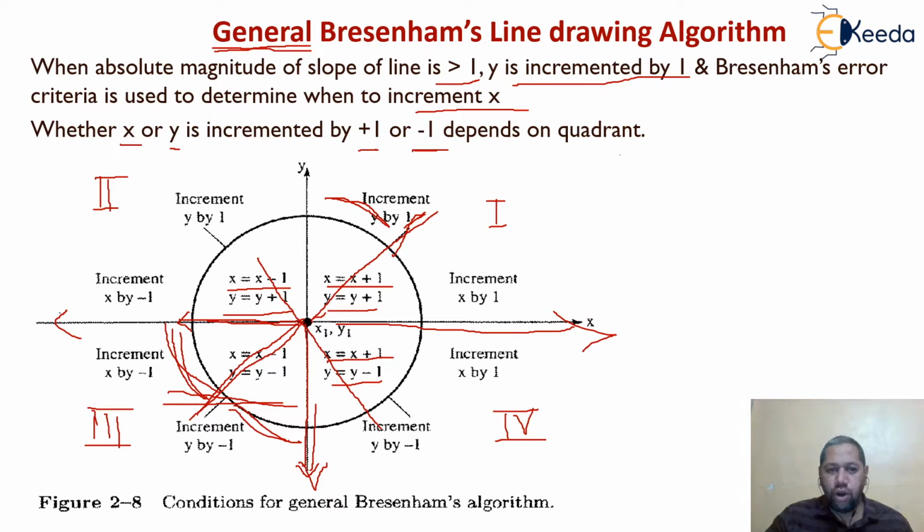That is what we have to consider in the general Bresenham's algorithm. So with this understanding of the error term and its relation to the quadrant, we are moving to the actual generalized Bresenham's algorithm.